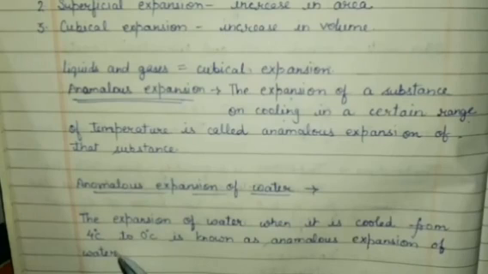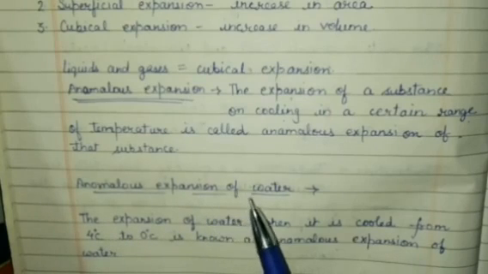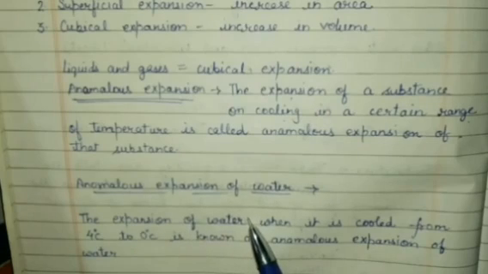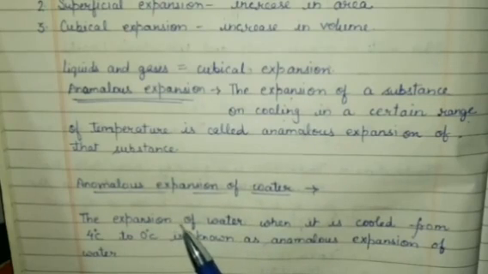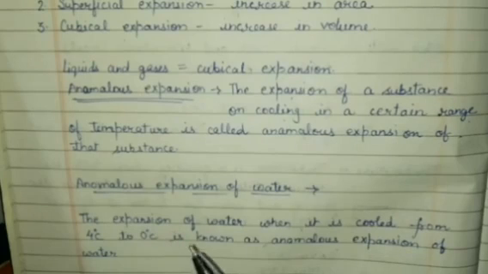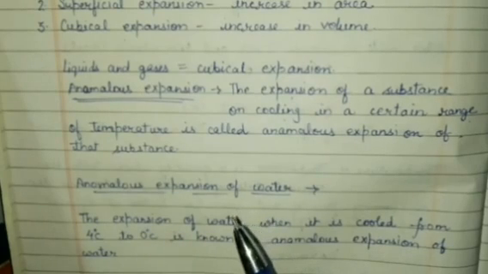According to the law of thermal expansion, on cooling from 4 degrees to 0 degrees, water should contract, but instead of contracting on cooling, it expands. That means its volume increases and its density decreases.